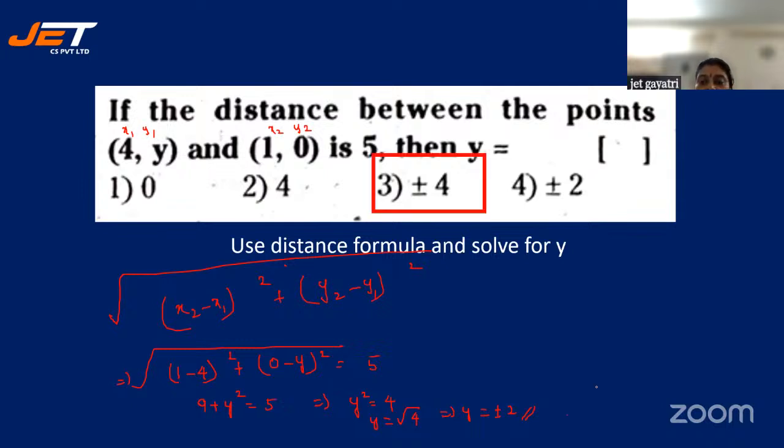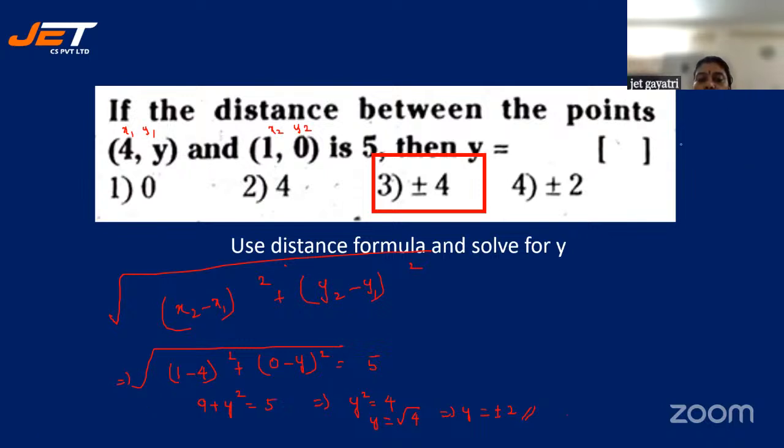All right, let's see. It's 5. Yes. So it says y is root of 4, which is actually the answer must be plus or minus 2, isn't it?